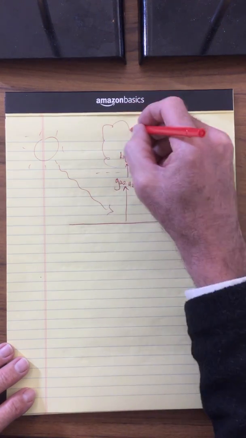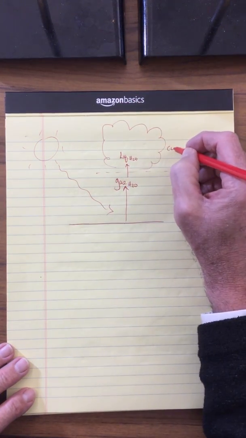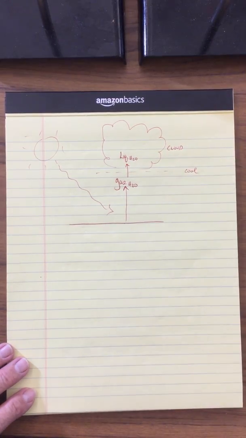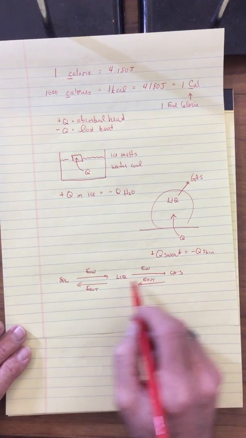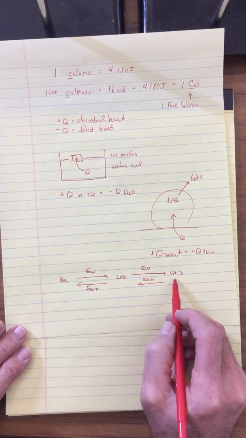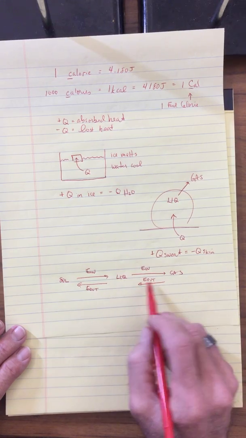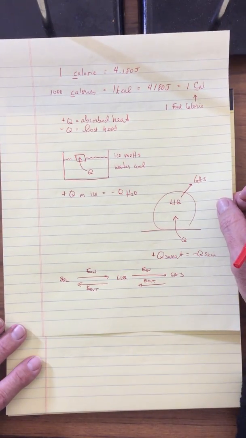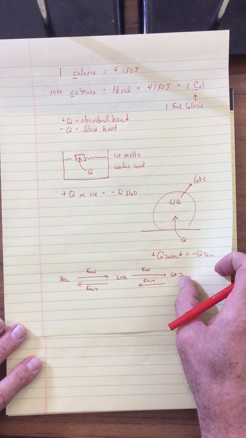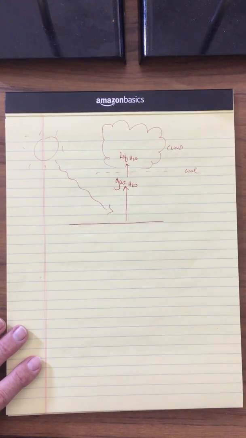This now actually forms and makes the cloud. But if you look to see what has happened, we've taken this gaseous water and we've made it liquid. What's happening in this process of going from gas to liquid is the energy is coming out. To make gaseous water into a liquid, the energy is going to be coming out.